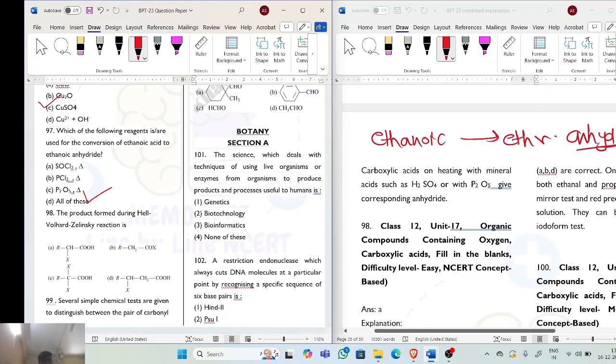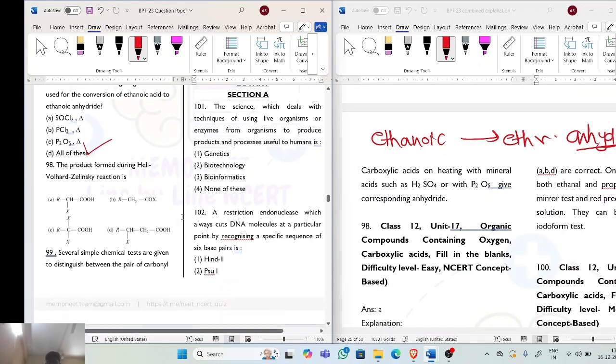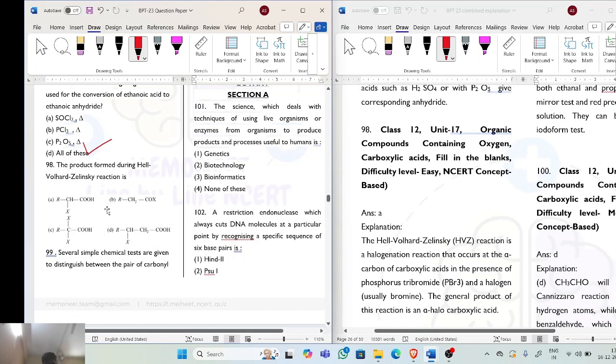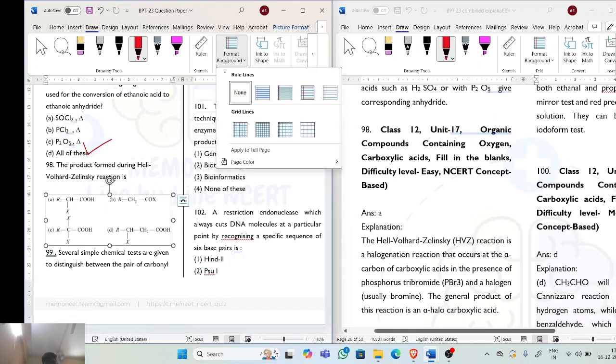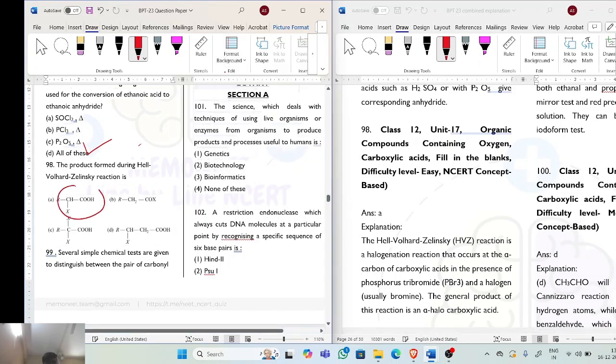Now, question number 98. The product formed during the HVZ reaction is? So we know in HVZ reaction on alpha position Cl group is attached. Okay, so here we have this COOH group, and on the alpha position we should have one Cl group, or you can say one halogen group.